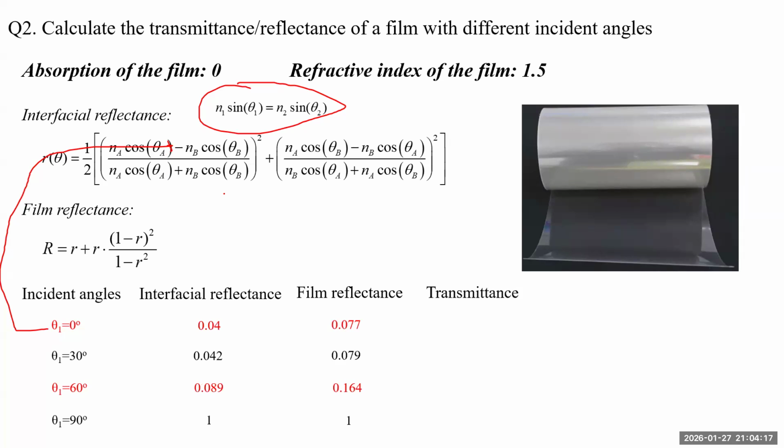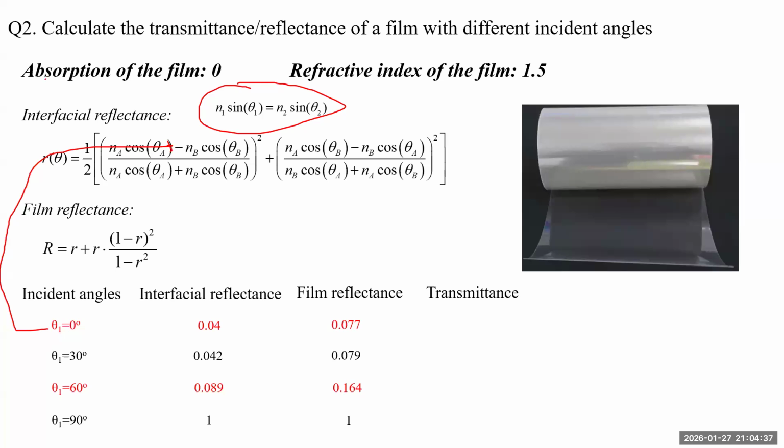So when we get the film reflectance, we can further calculate the transmittance, because the sum of the transmittance, absorptance, and the reflectance is always equal to 1.